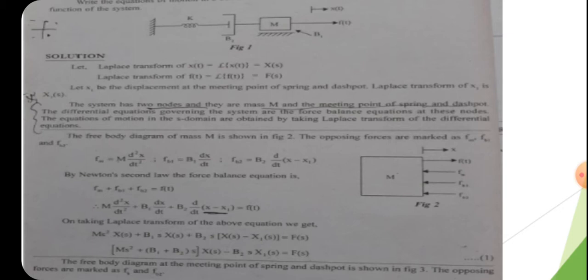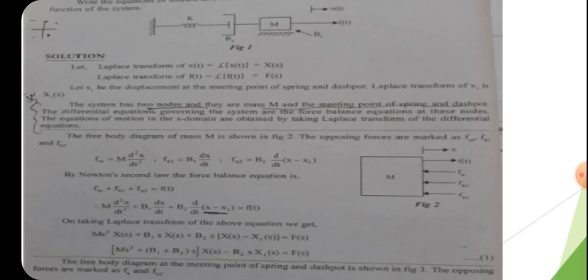There is an applied force Fk and another force Fb2, and here there is no mass, so mass is equal to 0. Fb2 plus Fk equal to 0, and by Newton's second law, b2 d/dt of (x − x1) plus k x1 is equal to 0.